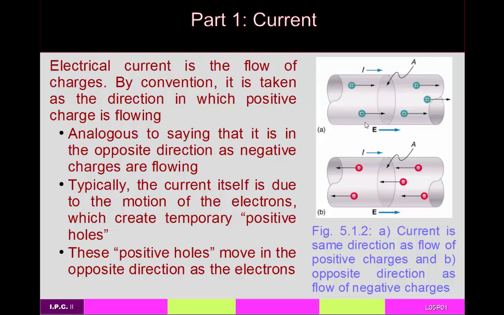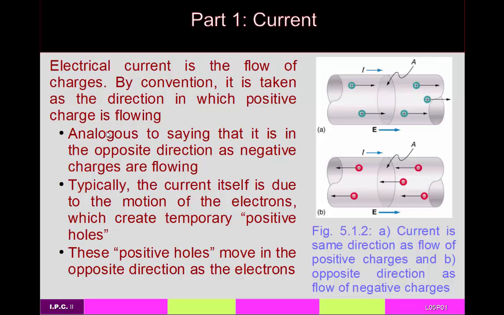If it's a positive charge, it's going to accelerate along the electric field line. If it's a negative charge, it will accelerate against the electric field. So basically, the current is going to be moving in the same direction as the applied electric field.